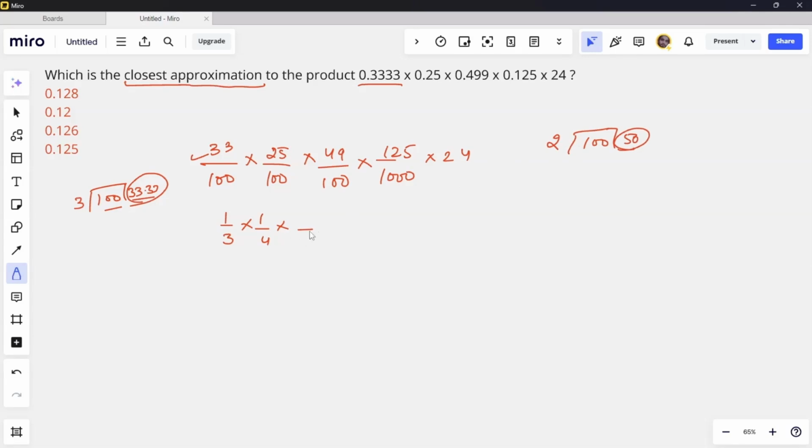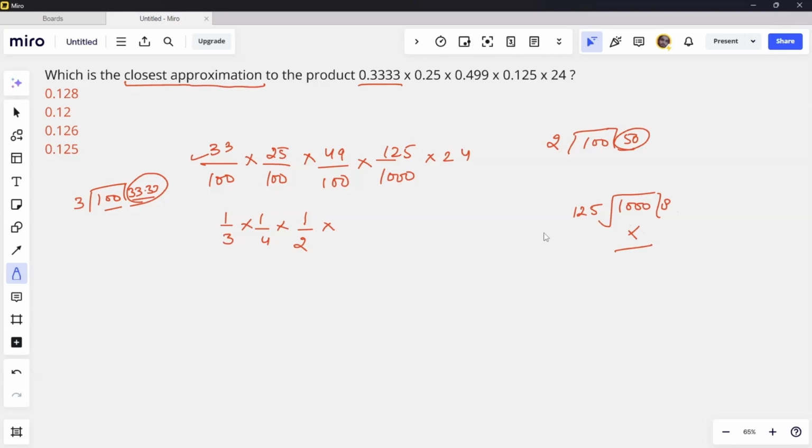So if we make 2 parts of 100, this is 1 part, 1 by 2. Can I write it 1 by 2 into? Now let's observe this 125. If I divide 1000 into 125 pieces, 125 will divide it 8 times, so it will totally cancel out.